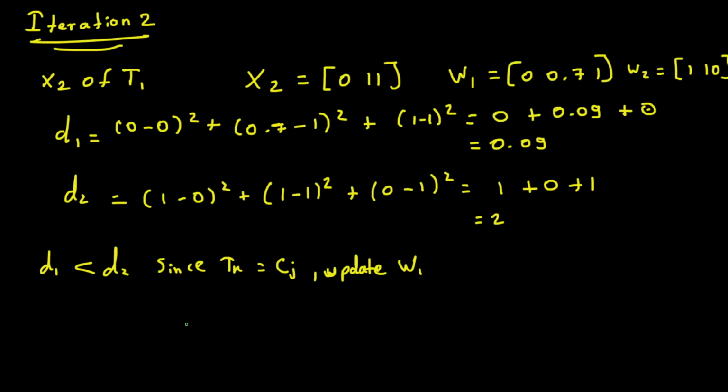So if we update W1, then the initial W1 is 0, 0.7, 1.